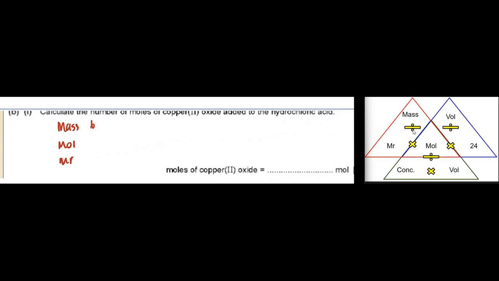And the Mr for copper oxide is 64 for copper plus 16 for oxygen, so that will give us 80. So to find the number of moles, we need to do 6 divided by 80, because it's the mass over the Mr, and that gives us 0.075. We'll just show that we've done 6 over 80 as our workings.